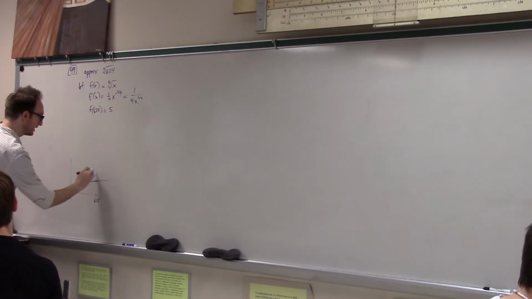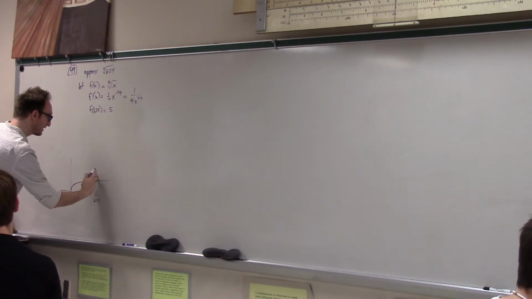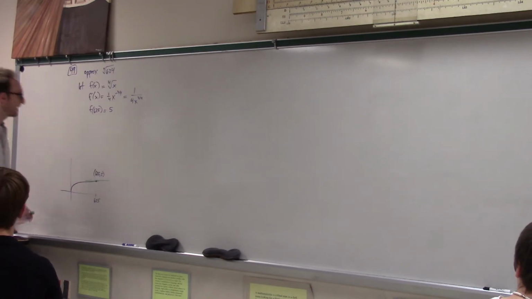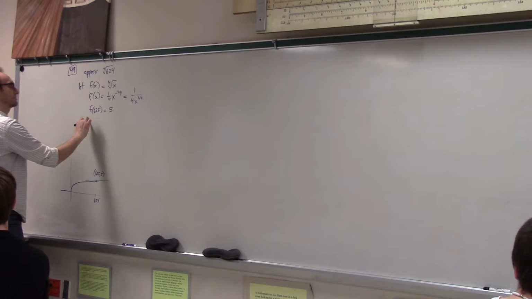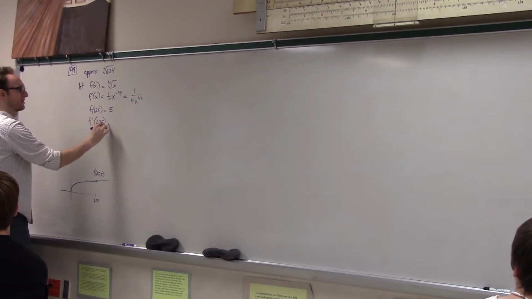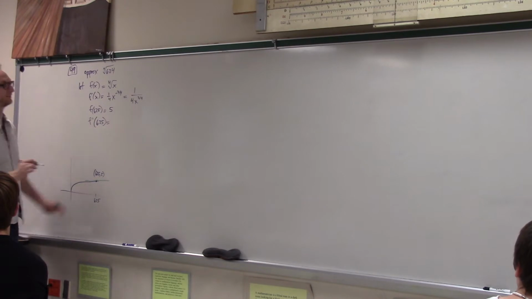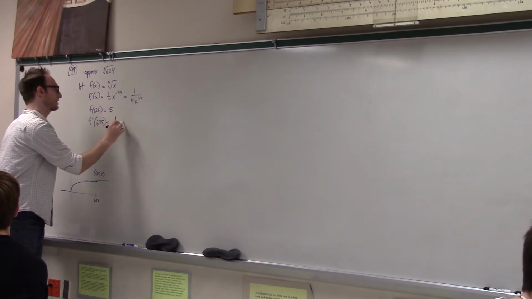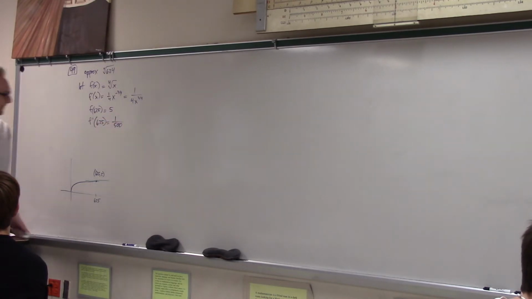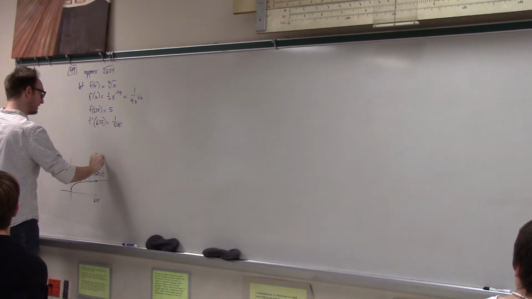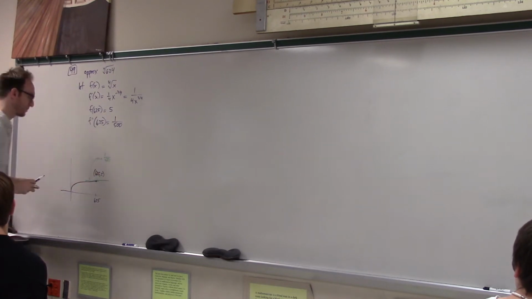So this is the point 625 comma 5, and what is f prime of 625? Well, it is 125 times 4, is that 1 over 500? Yeah. Is that right? Yeah. Thus, the slope of this line is 1 over 500.